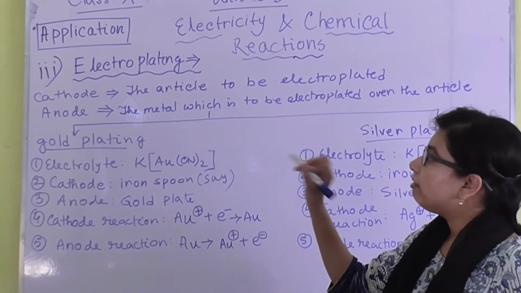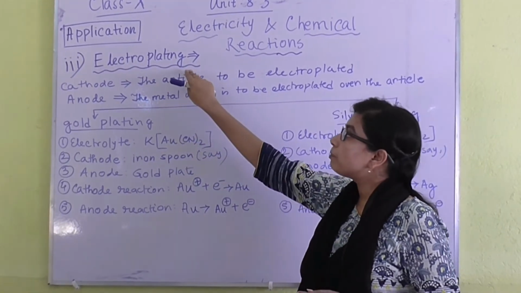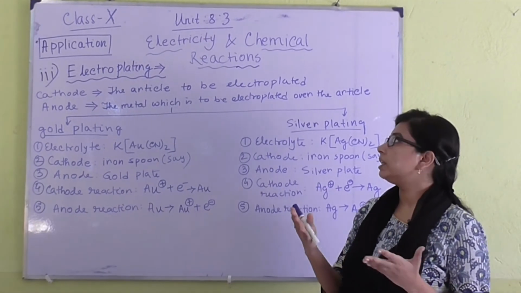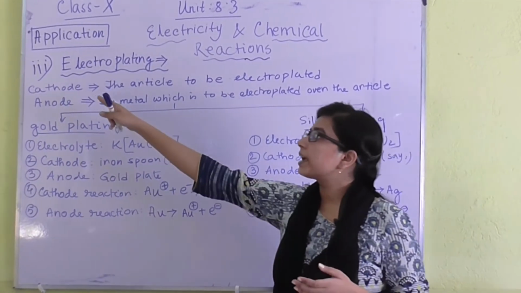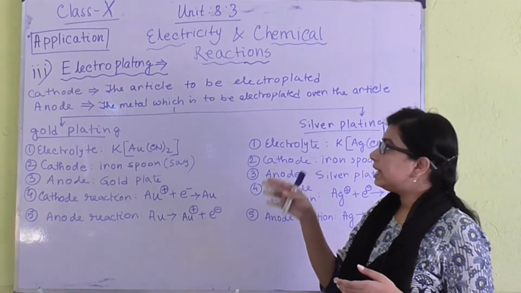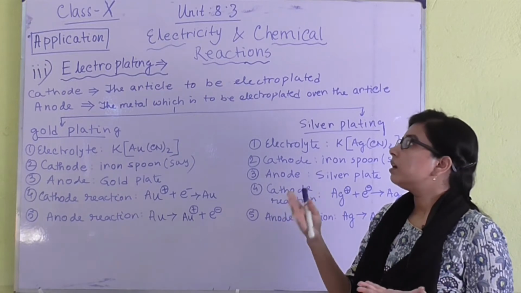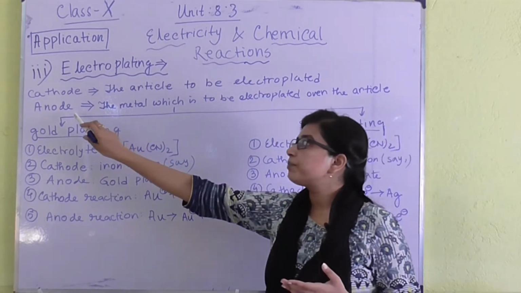Okay, one main thing I am mentioning at the beginning is that for electroplating we have to take one article which is to be electroplated, and it should be placed as the cathode, and the metal by which the cover will be given over the article will be taken as the anode.